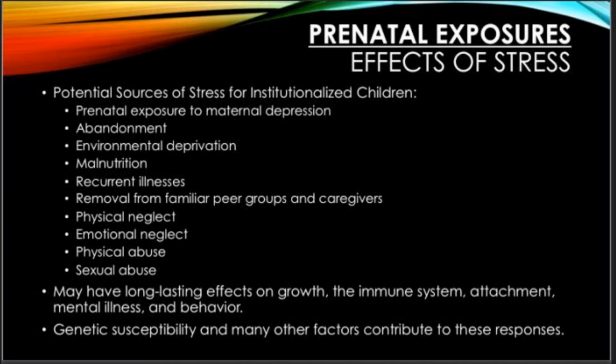Prenatal exposure, maternal depression, problems like abandonment, environmental deprivation, malnutrition, recurrent illnesses, as well as neglect and abuse. A lot of these have been proven to have long-term effects on growth, immune system problems, attachment, mental illness, as well as behavior. And while there probably is a genetic susceptibility for these kids, we unfortunately typically don't have that information as pediatricians treating internationally adopted kids.